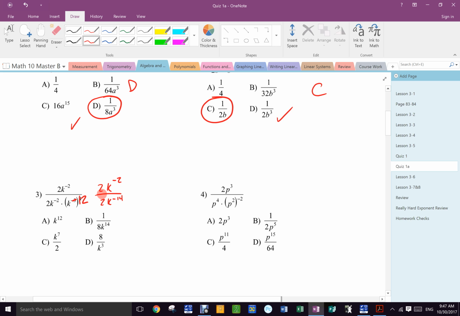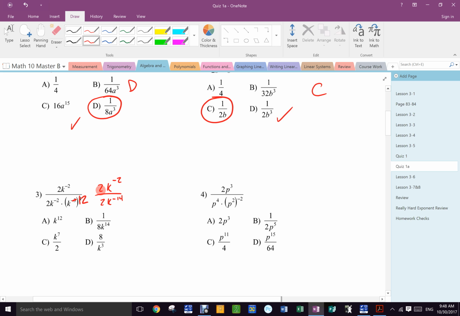Okay, what happens to those 2's? They cancel? What happens to those 2's? Somebody already said they cancel, but what does that mean?